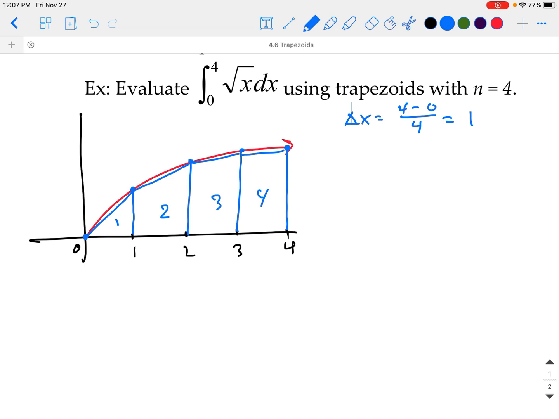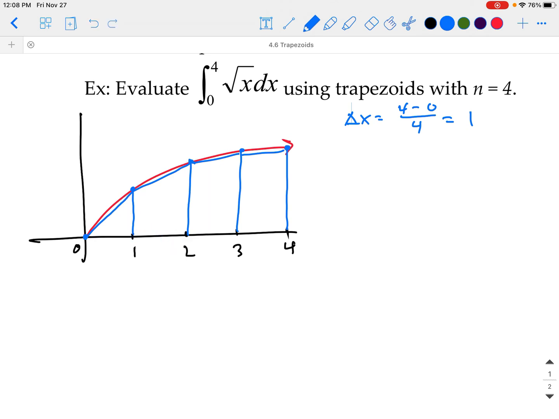You'll note for number 1, our base is 0, right? So it's 0 over here. So the trapezoid becomes just a triangle. This can happen if your function is equal to 0. But everywhere else, we'll have our 2 bases, and then our height, of course, is delta x. So this would be base 1, base 2, and then our height is delta x.